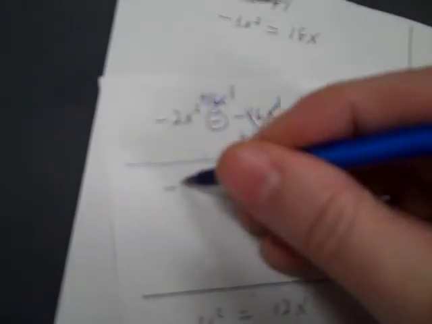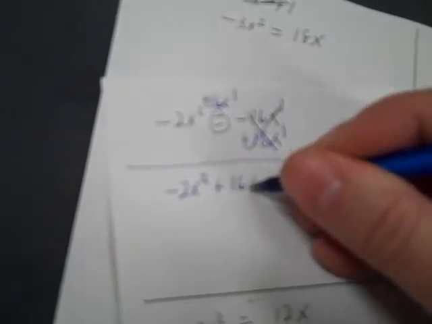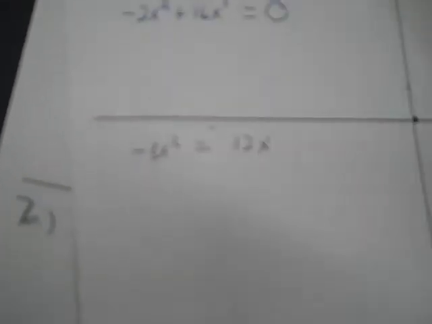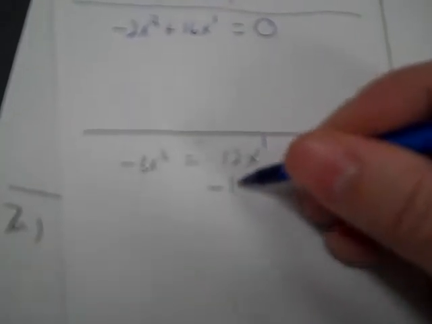So I have negative 2x to the second plus 16x to the 1 equals 0. That's all I really want you to do, is pay attention. Two answers. We got x to the 2, x to the 1. Okay, the 12 is positive, so I subtract 12x to the 1. And that would go up above the equals, so minus 12x to the 1.